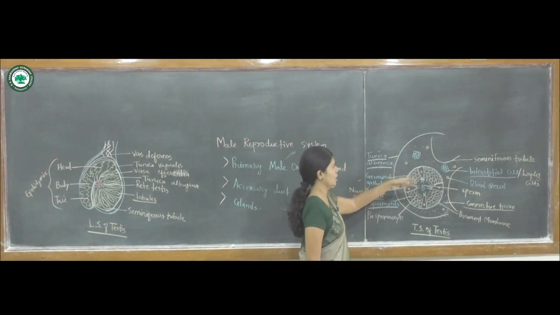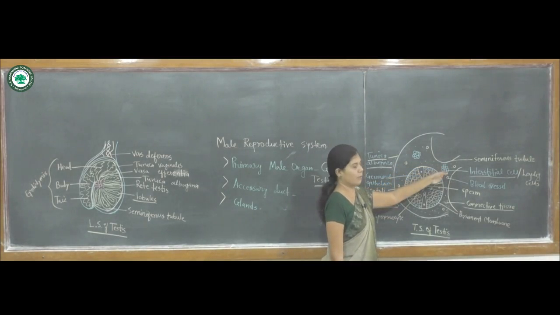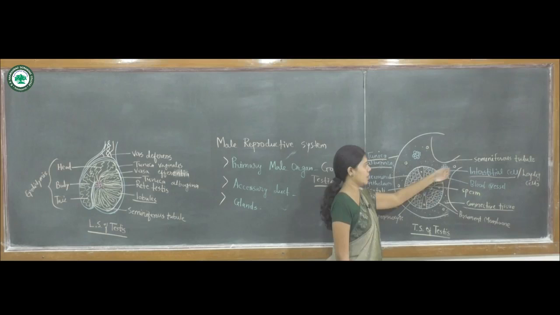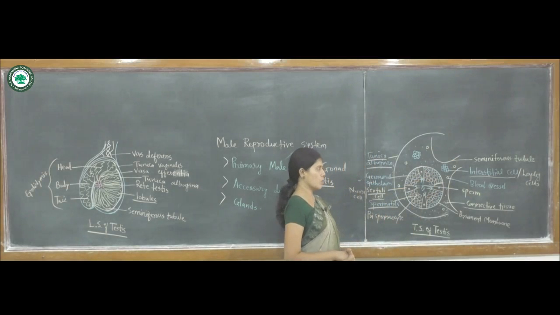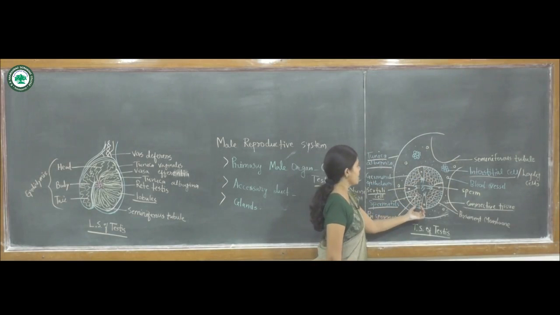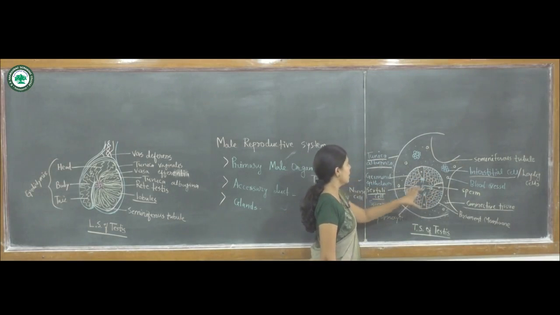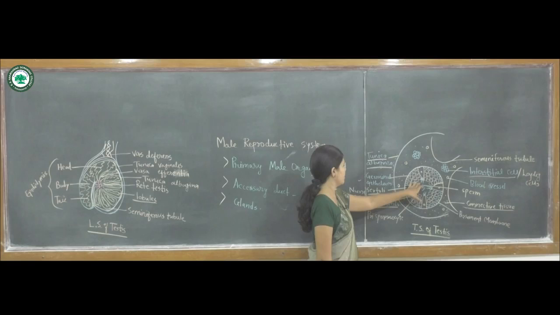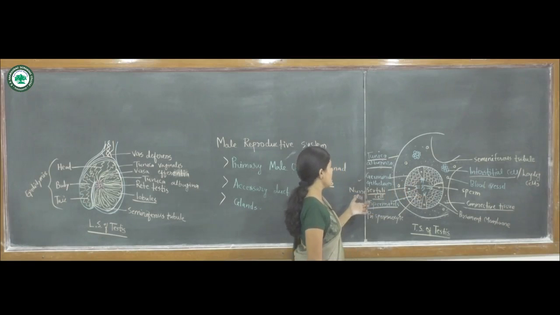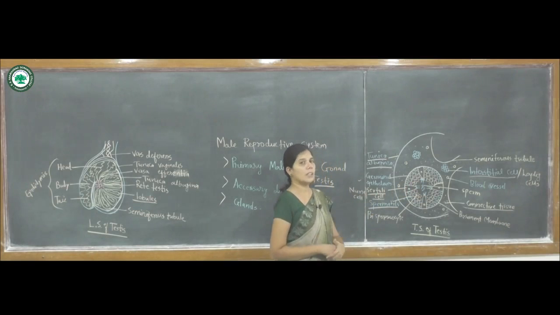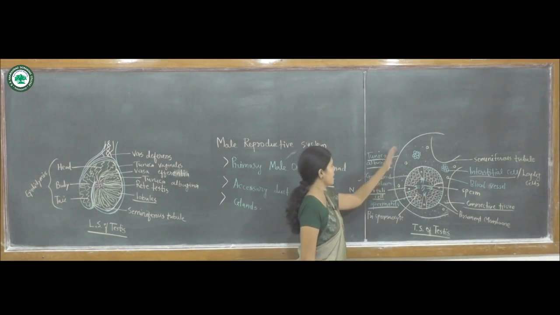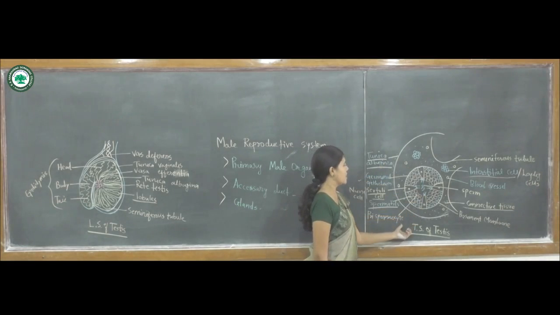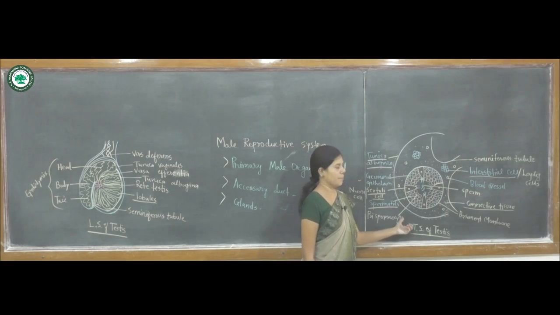Seminiferous tubules, and interstitial cells which secrete the male sex hormone, androgen or testosterone. The seminiferous tubules produce what? Sperms. Produce means they take part in the process of spermatogenesis. That is the detailed structure of TS of testis.